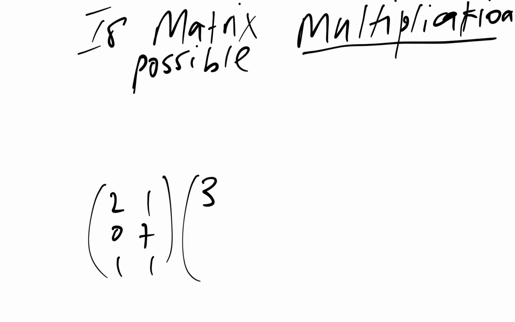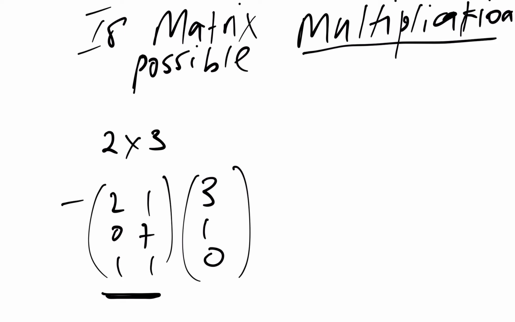Again, we have to start by finding the order of the two matrices. So the first matrix is this one. It has 3 rows, 1, 2, 3 rows, and only 2 columns.